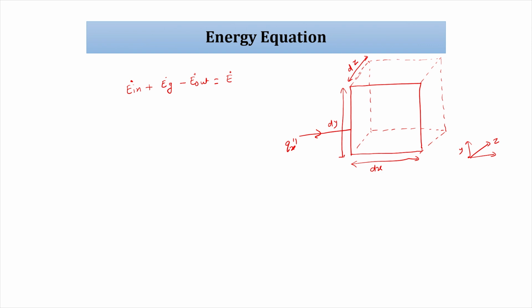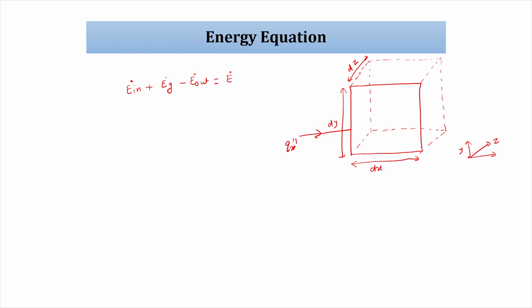We have to calculate the rate of heat added, and heat is in watt, not in watt per meter square. Flux is in watt per meter square, whereas heat is in watt.